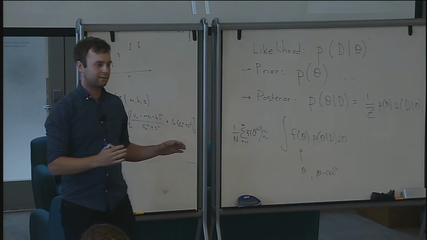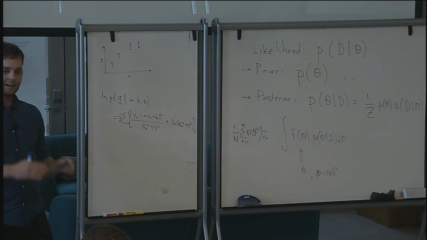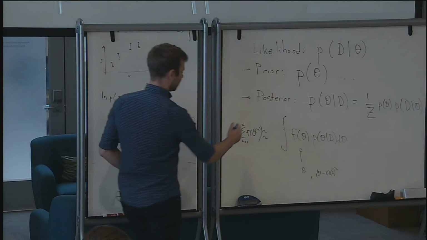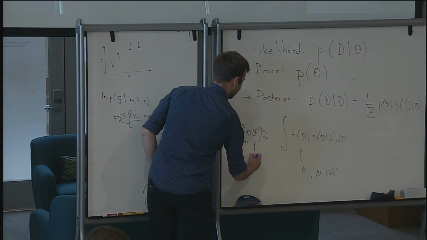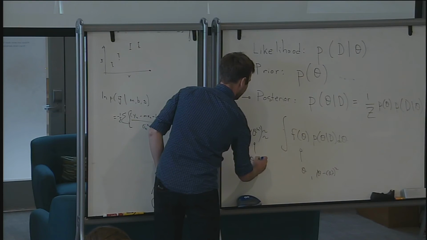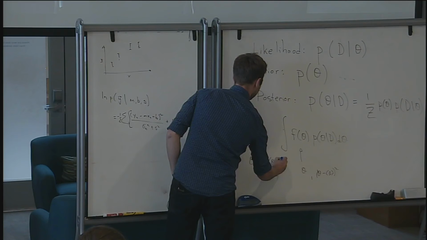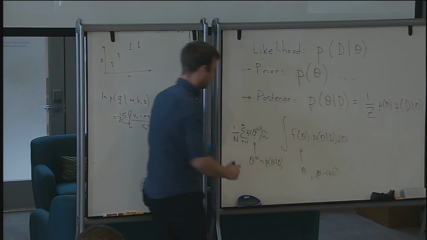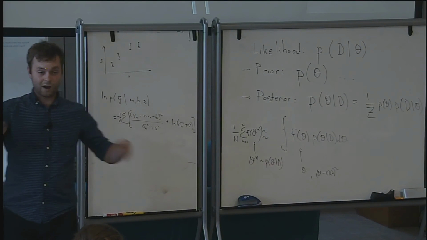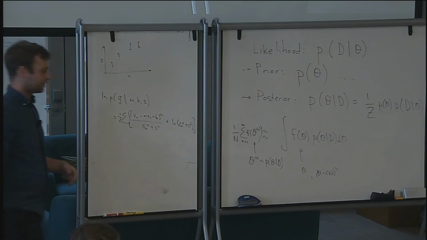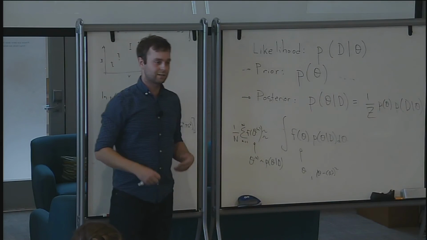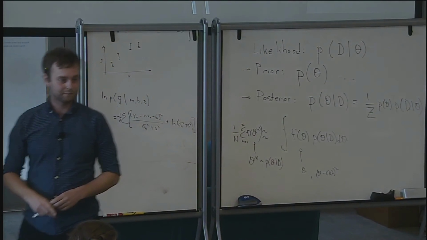It's just the function value evaluated at a bunch of samples, theta n, where theta n are draws from the posterior probability distribution. So if we can draw samples from the posterior probability distribution, then we can evaluate this integral very easily just as a sum.